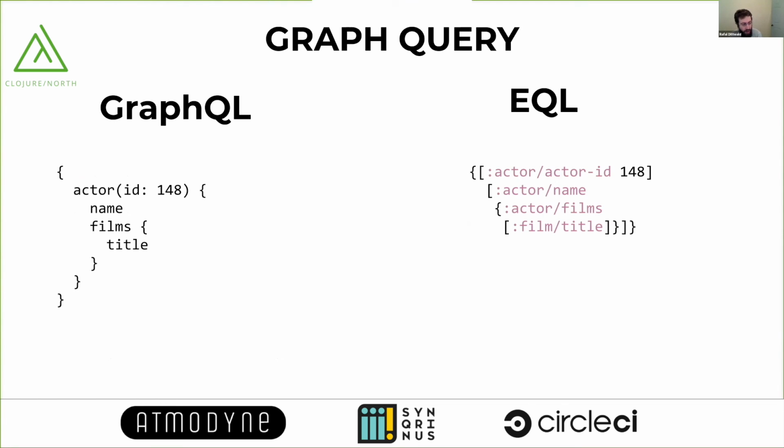In contrast, in the Clojure community, people have created what they now call EQL, which is EDN Query Language, which again is data-driven and absolutely trivial to manipulate and generate at runtime or programmatically.